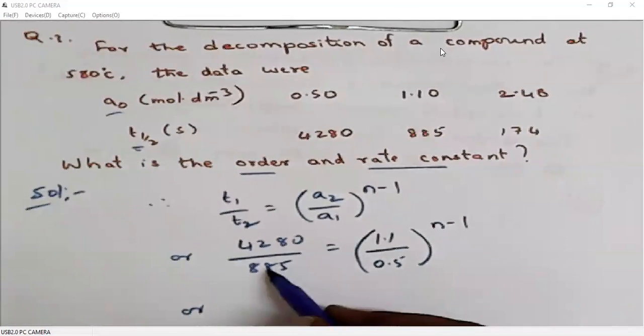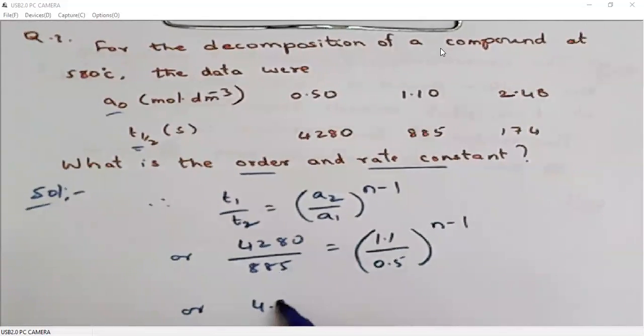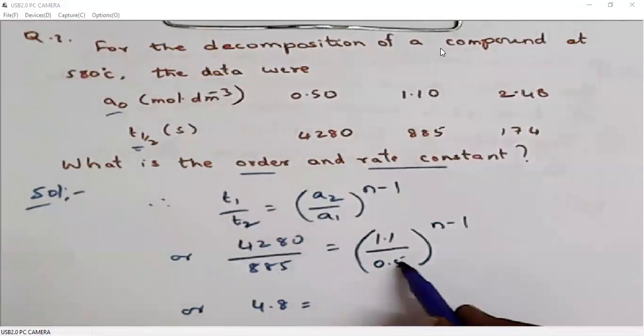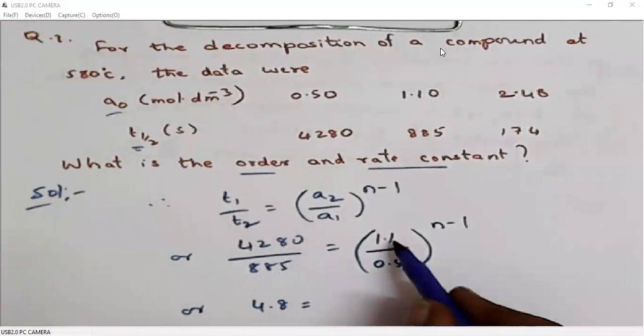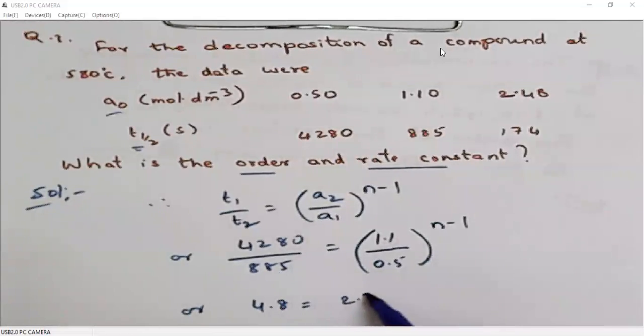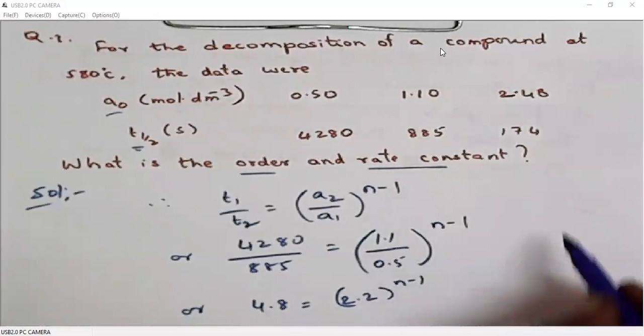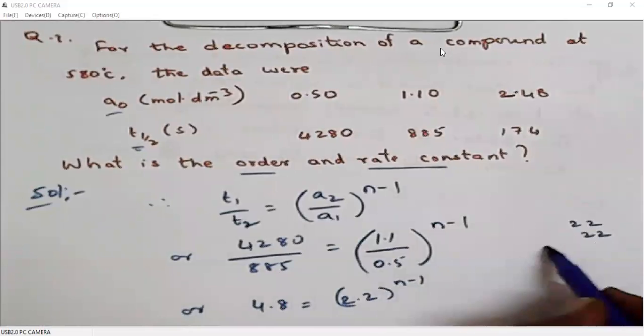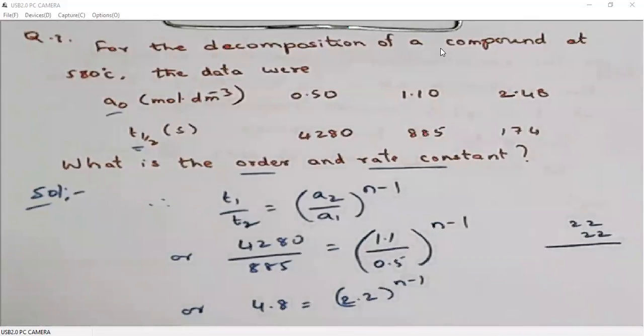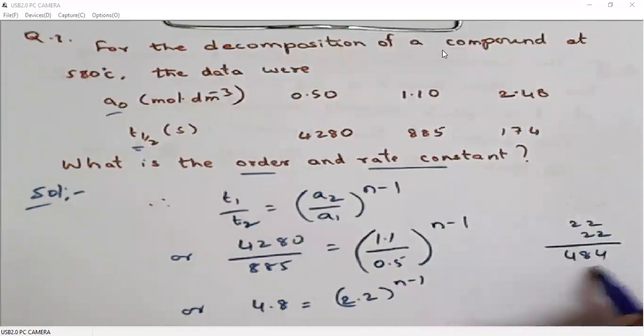When we simplify it, it is around 4.8, and this of course 0.5 means 1 by 2, that 2 can be made numerator, so it is 2.2 whole power n minus 1. If you say it is 2.2, you can take square, when we make square, it is 4.84.